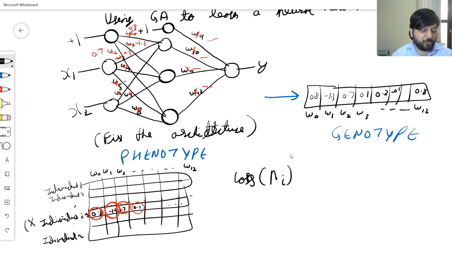So the loss function of this individual, let's call it theta 0, theta 1, theta 2, theta 3, all the way up to theta n. So the loss function of an individual I is exactly the same loss function that the backpropagation algorithm uses.